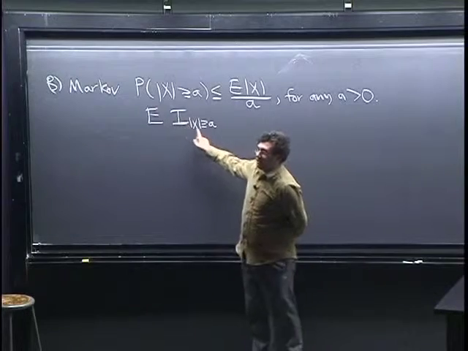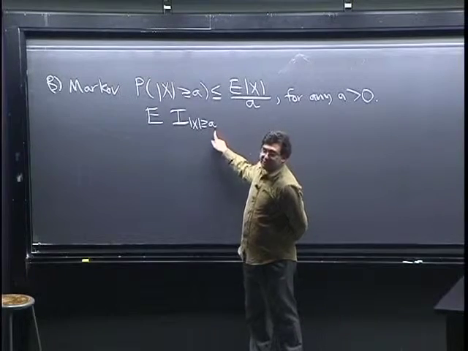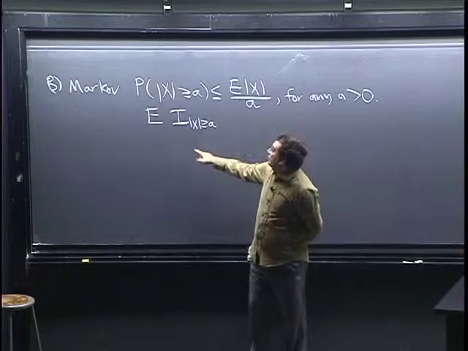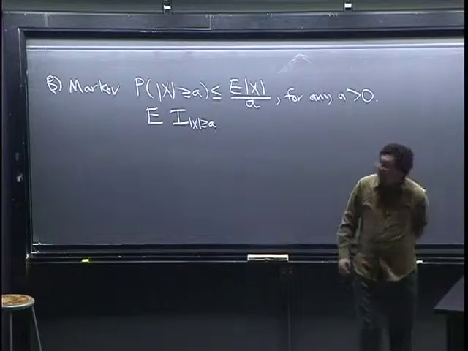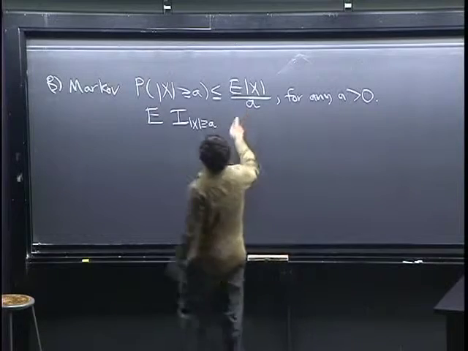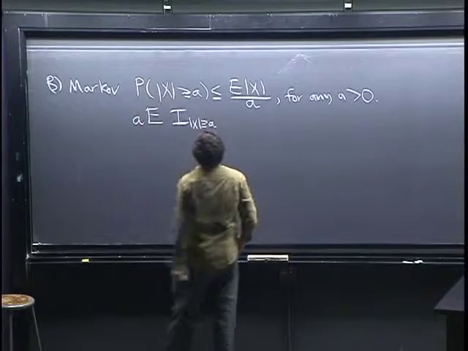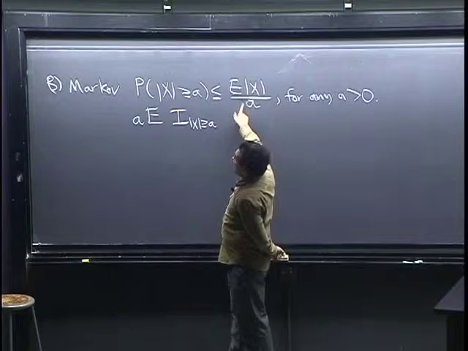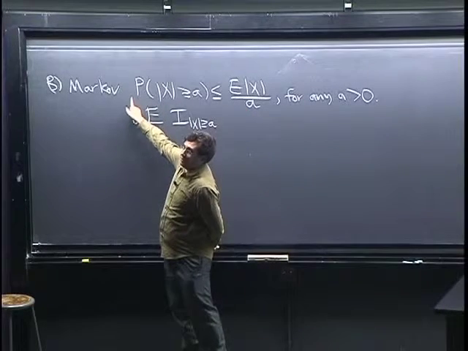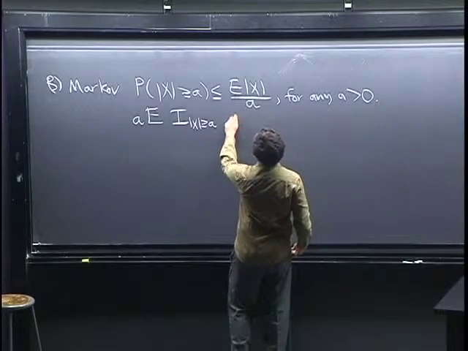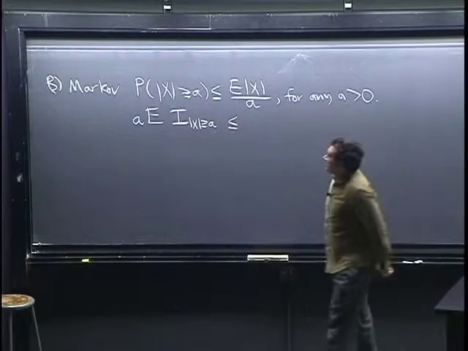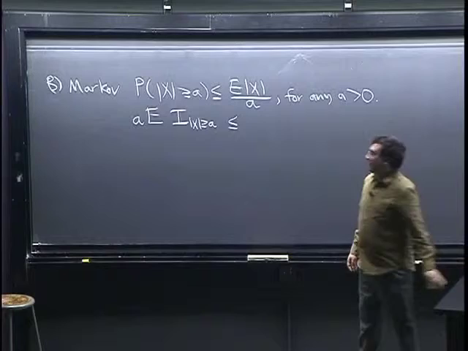I'm just using this as notation for 1 if this event occurs, 0 otherwise. That's the same thing as this, fundamental bridge. And let's multiply by a. I'm just thinking of the same inequality, but with an a on the left. So I'm rewriting the left-hand side, except put the a over there. And then let's see how this thing compares with the absolute value of X.